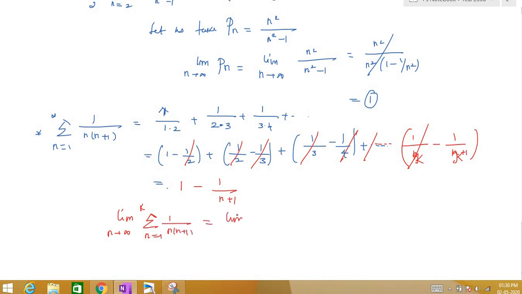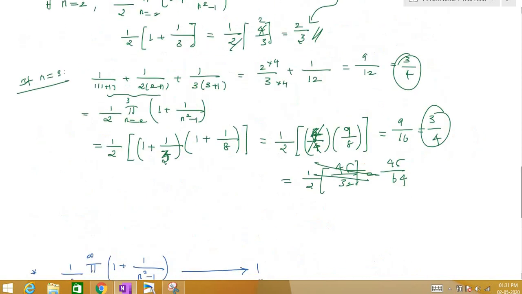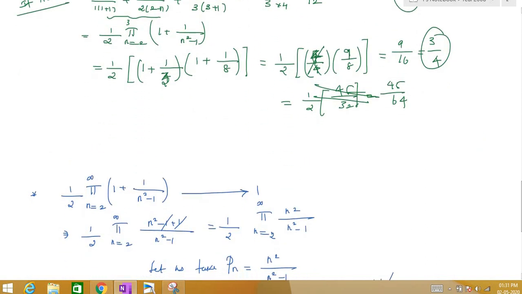That is equal to the limit as k tends to infinity of 1 minus 1 by k plus 1. As k tends to infinity, this tends to 0. So again this series also converges to 1. So you can see both the series converge to 1. That's why they are behaving alike, right?